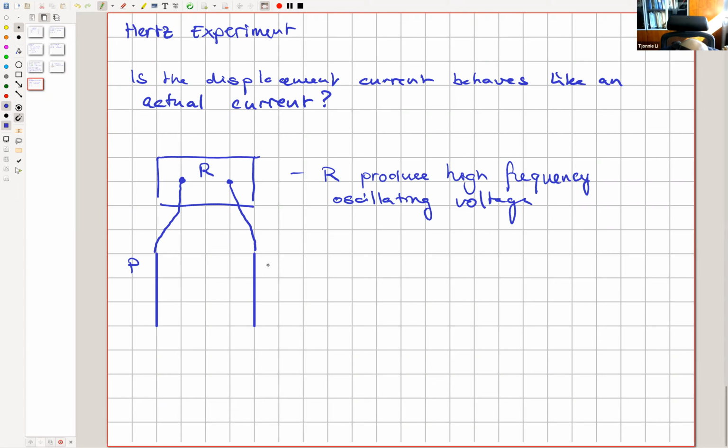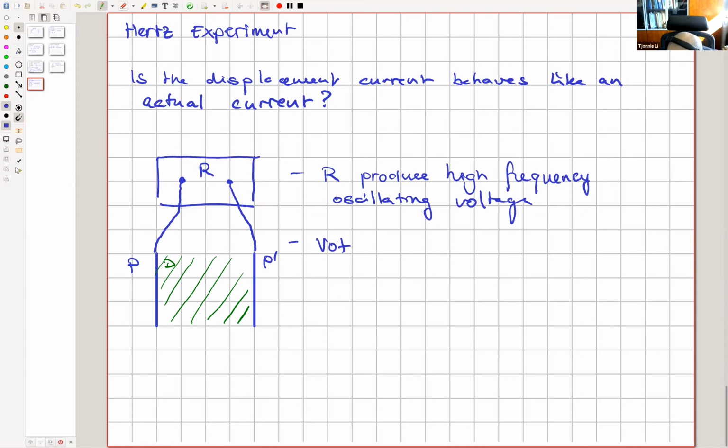Call this P and P prime, two plates. And in between the plates, I'm going to put some dielectric D, like this. Okay, so what we're going to do is put some voltage.